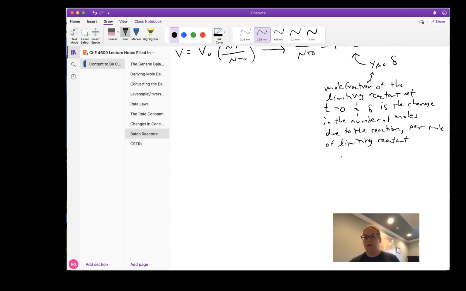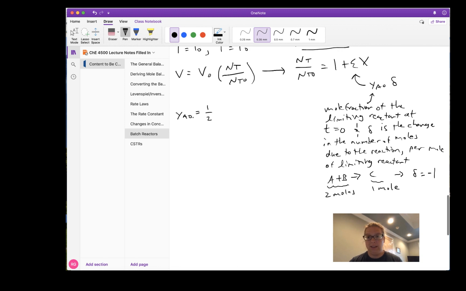So in this case, we have A plus B goes to C. We have 2 moles over here, we have 1 mole over here. So that means delta is equal to -1. Initially I have an equal molar mixture of A and B, so that means that Ya naught is 1/2.